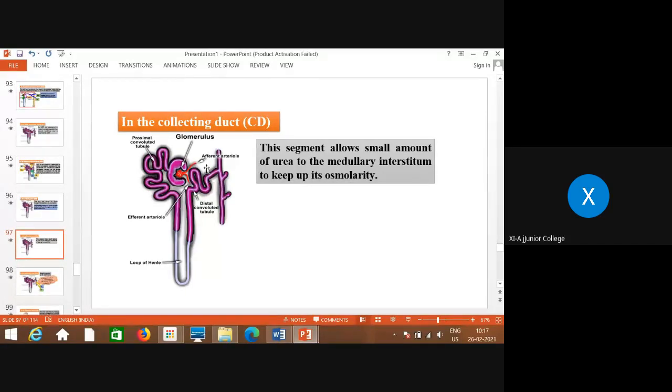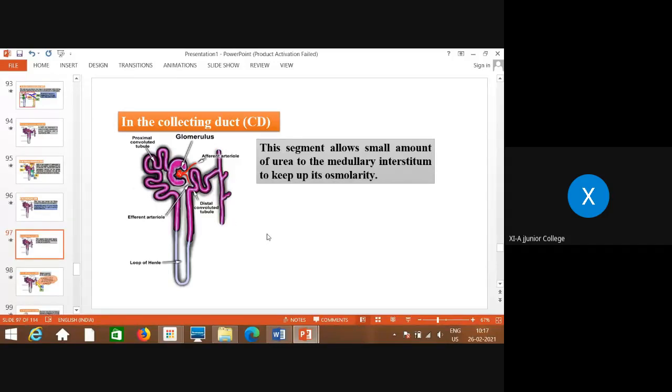So some amount of urea can also be reabsorbed by the surrounding cells, that is, the peritubular region.